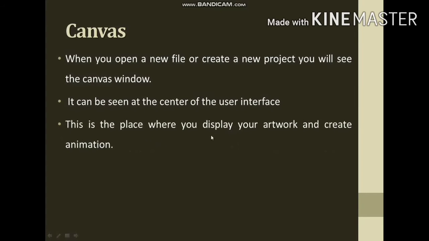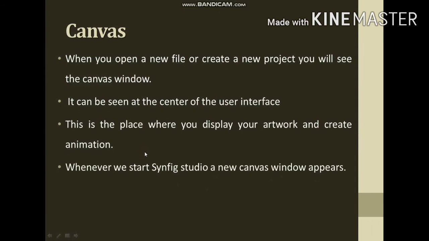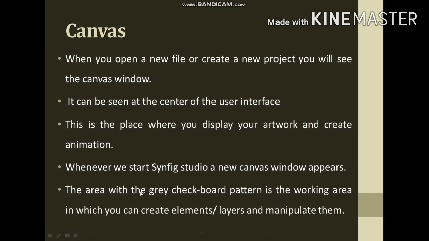This is the place where you display your artwork and create animation. Whenever we start Synfig Studio, a new canvas window appears. The area with the gray checkerboard pattern is a working area in which you can create elements or layers and manipulate them.